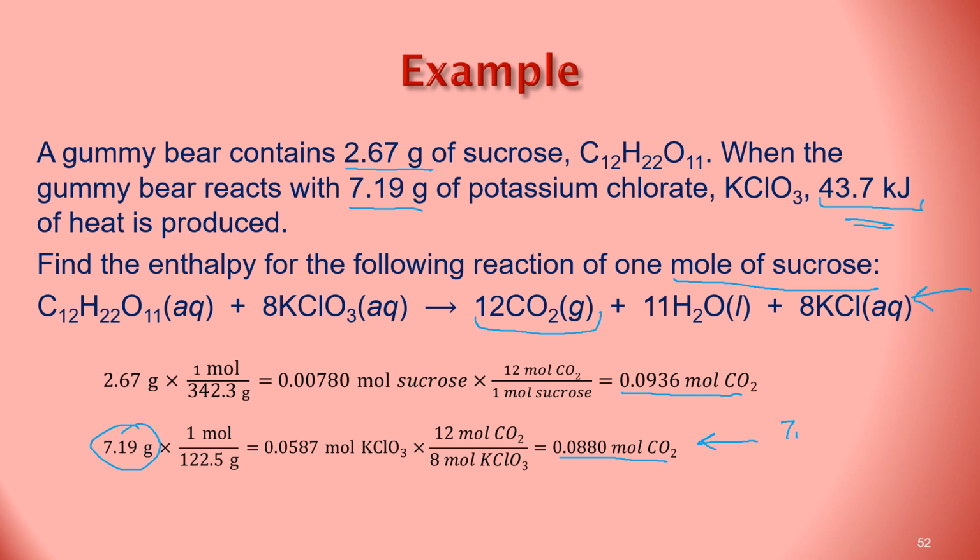So 7.19 grams of KClO3 gives me 43.7. So again, what are we trying to find? We're trying to find the delta H for this reaction. What we know is the delta H for 7.19 grams of KClO3. So we're trying to find out what it is for this overall reaction.